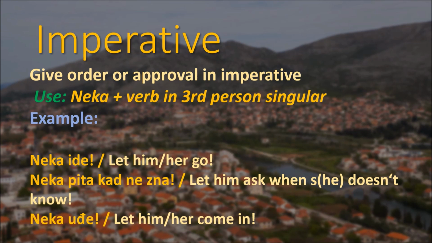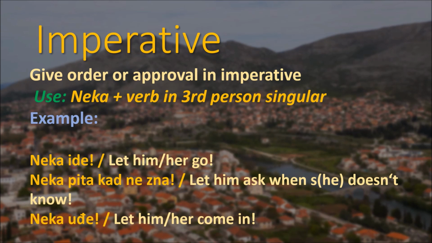So here we have "neka", let, and then "ide" is third person singular, and you're saying, "oh, let him go" or "let her go". If someone, for example, wants to go somewhere and a parent is not usually happy with that, and someone else may just give advice, "I'll let him go", you would use this form, "neka ide".